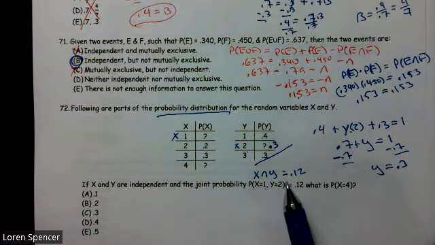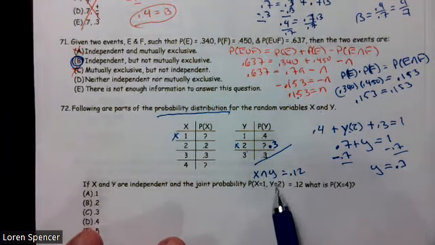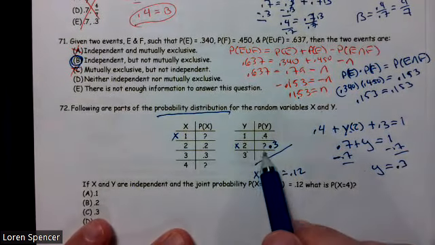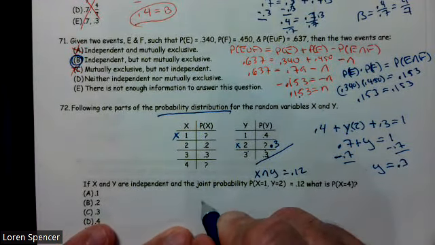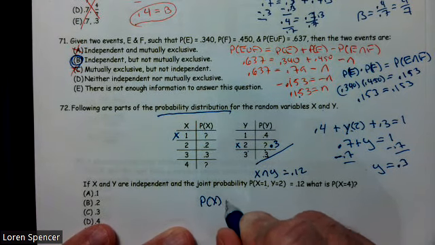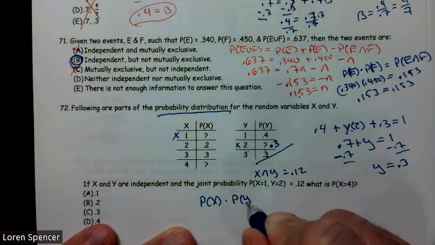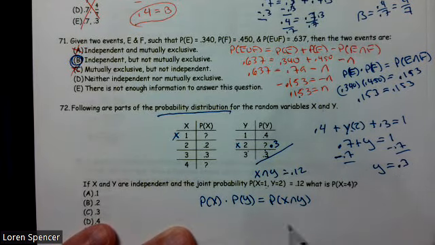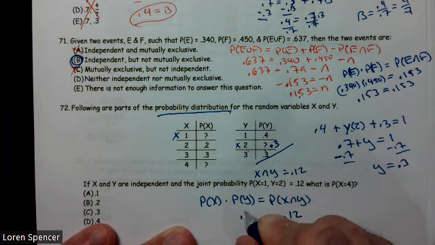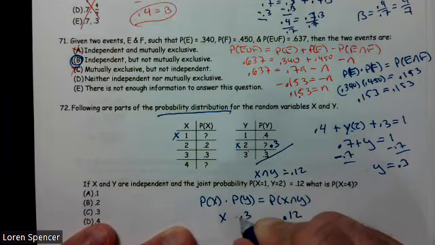Now I have a little more information, because I was interested in 1 and 2, and now I have 2. Remember, the probability of x times the probability of y equals the probability of x and y if they're independent. We know this is 0.12, we know this is 0.3, and we just don't know x.